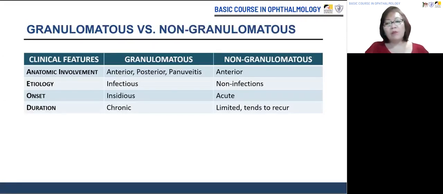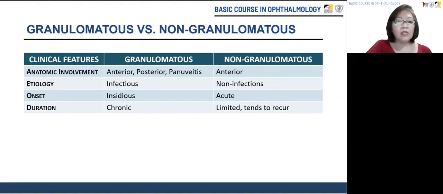Now, aside from differentiating acute from chronic anterior uveitis, you should also be familiar with differences between granulomatous and non-granulomatous anterior uveitis. Granulomatous uveitis may involve the posterior segment or involve all anatomic sites and present as panuveitis.